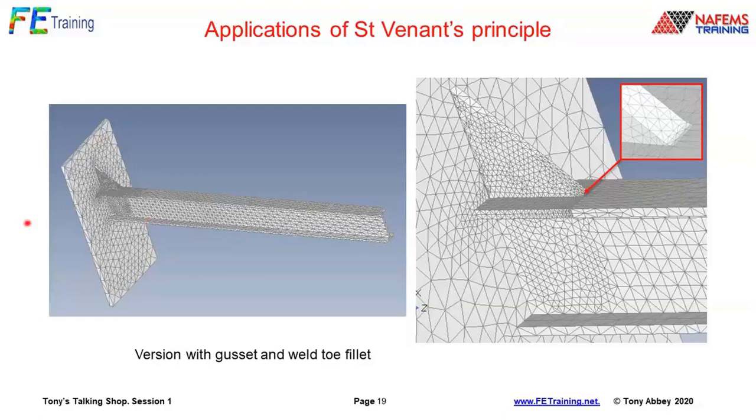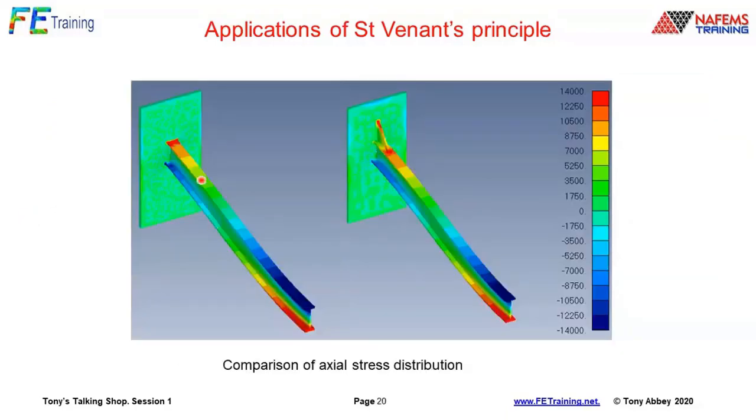So I've jumped on this idea to say, well, we've got some Saint-Venant's Principle idea here, coming from the weld toe, but also from the bracket as well. As we move away from the bracket, maybe this beam doesn't care about the influence of the bracket. As we get closer in, maybe the stress distribution here doesn't care about the influence of the weld toe if we're far enough away. So to my mind, it's like an extension of St. Venant's Principle.